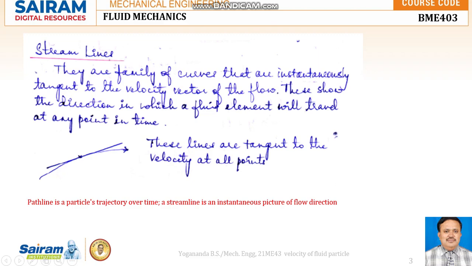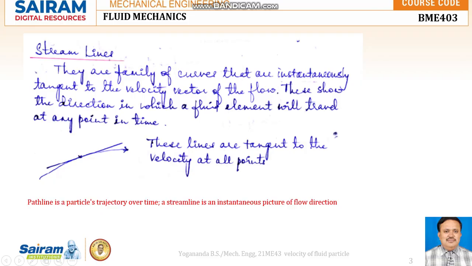So these streamlines will show the direction in which the fluid element will travel at that particular moment of time. So the streamlines are tangent to the velocity at all the points.